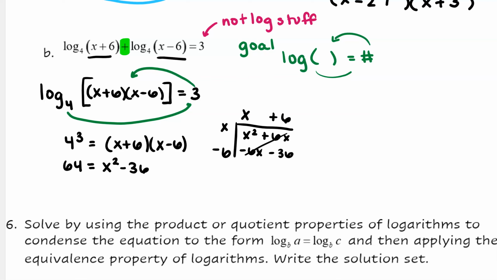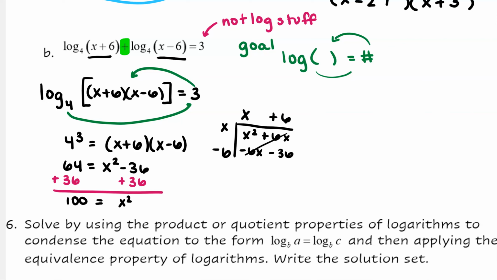So now we're at the task of solving this equation, and what's nice about this equation is we only have x squared. We do not have x squared and also x, which means that we can just isolate x squared, throw on a square root, but also a plus or minus. So I'm going to move the 36 to get x squared alone. So I have 100 equals x squared.